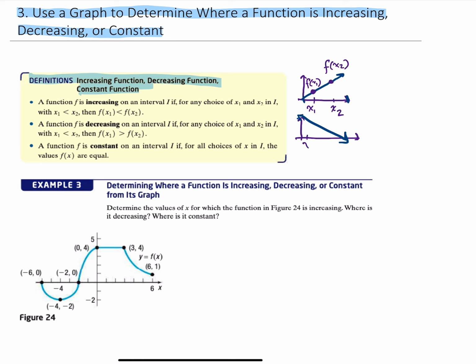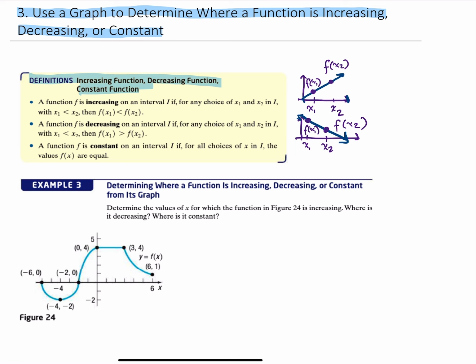Now this will be our x1 and this will be our x2. So f of x2, the y coordinate, is less than f of x1. Just to visually show what they're saying in terms of these symbols in this notation.